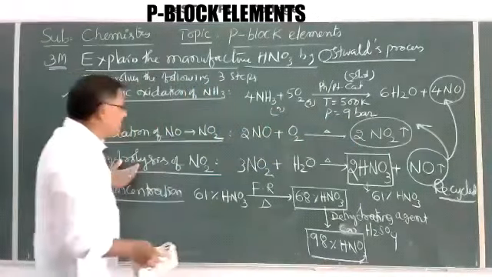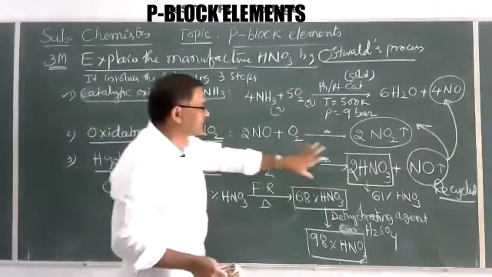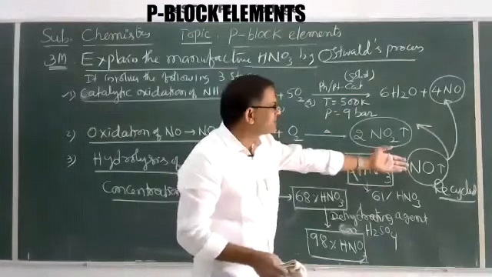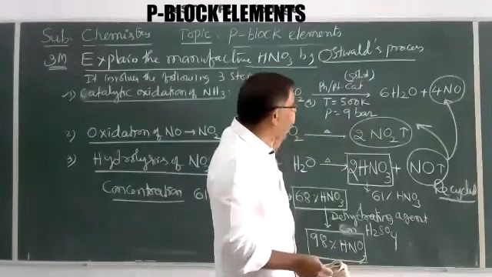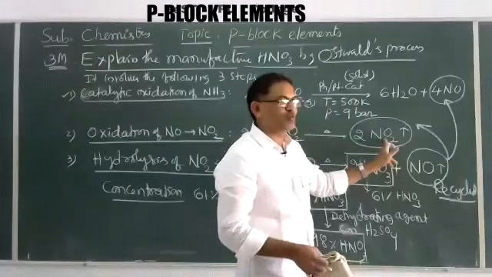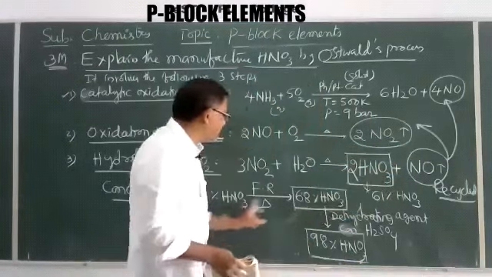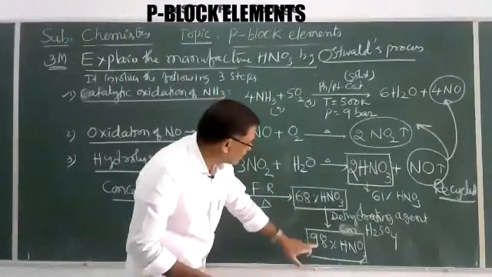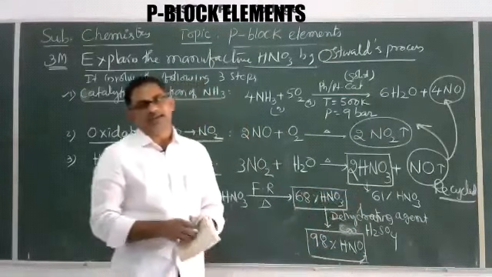Same thing, hydrolysis of NO2 reacted with water forms 61% nitric acid, and nitric oxide is formed. That is again recycled, repumped by using the related equipment. Then the oxide is converted into NO2 again. Then the obtained nitric acid is converted into 68% by using fractional distillation. Then it is converted into 98% by using dehydration with concentrated sulfuric acid.